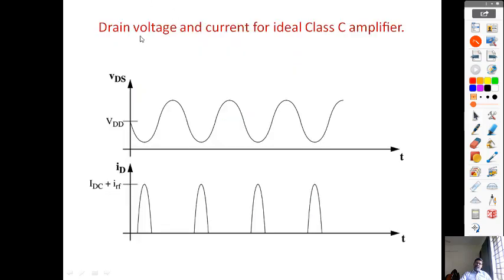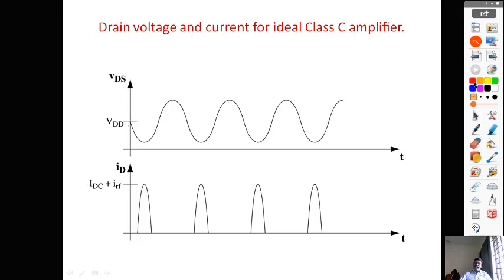Drain voltage and current for an ideal class C amplifier. This is the voltage across the drain and source. It is a sinusoidal voltage. This is the VD, that is the bias line, VDD. This is the bias voltage we have supplied. On the bias voltage, the sinusoidal voltage waveform is swaying.